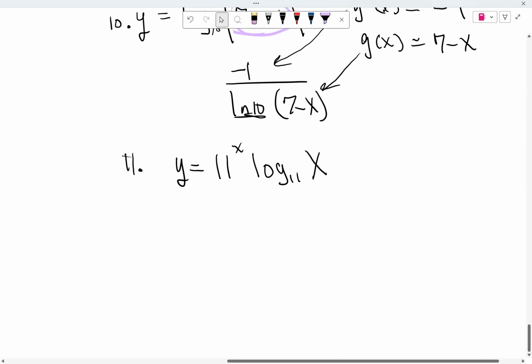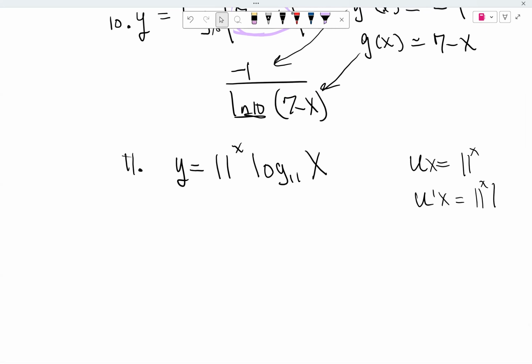In this case, I want you to remember that you have a u of x, which in our case is 11 to the x power. We have the first derivative of u of x, which in our case is going to be 11 to the x power times natural log 11.